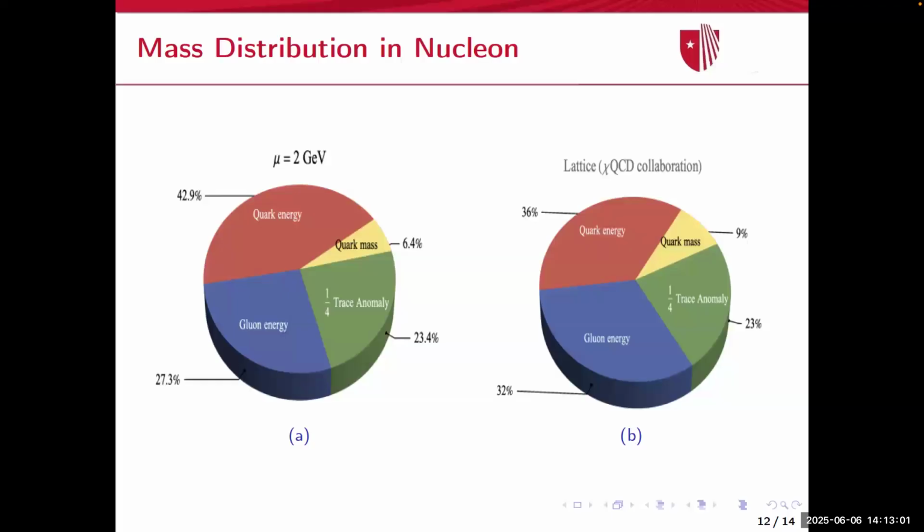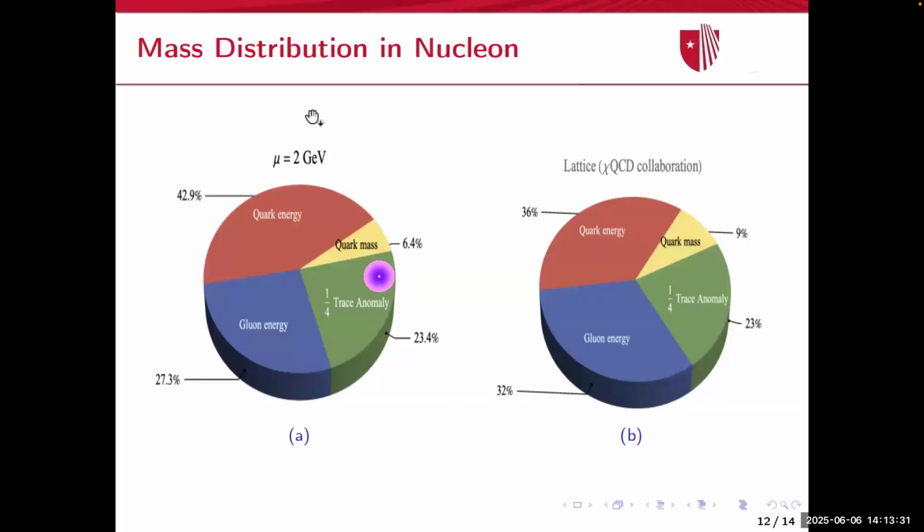Okay. And the next one is the big question about what percentage of the nucleon mass comes from the quark, and what percentage comes from the gluon. We can see the lattice calculation has this nice plot: 36% for the quark and 32% from the gluon. This is from the energy momentum tensor, with the quark mass, which is the mass from the Higgs mechanism, and also the trace anomaly.